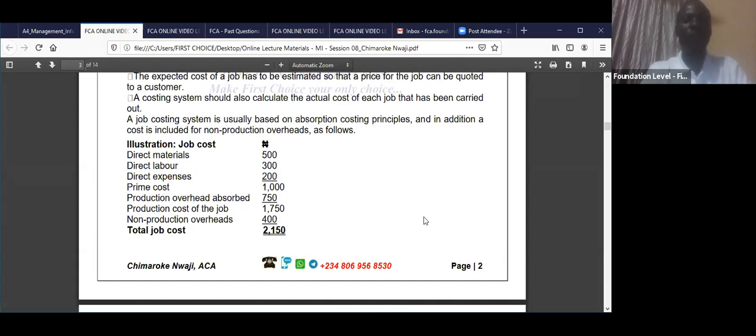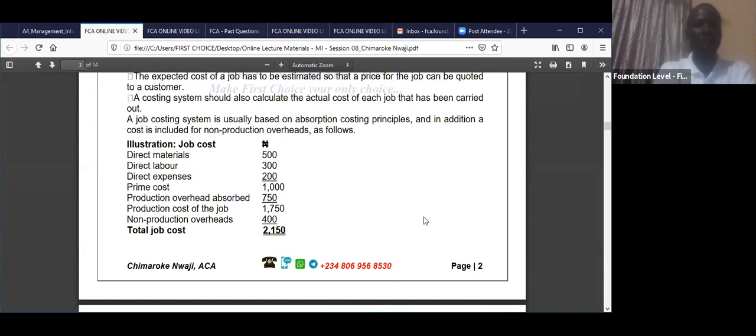Then we also have production overhead. And we said we'll be using the overhead absorption method, which is absorption costing, to absorb production overhead. We said it can also be a percentage of labor costs. We also talked about non-production overheads, which could also be a percentage of labor cost or prime cost.